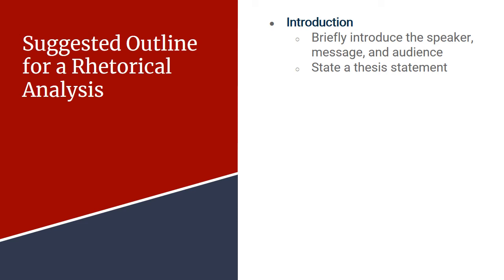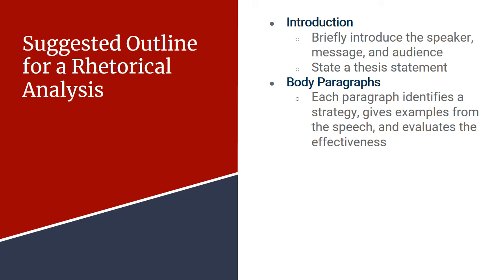And your thesis statement might be something like, the speaker communicates a message of hope by using strategy A, B, and C. Okay. The speaker of this TED Talk convinces the audience to do some kind of action, primarily using these two strategies.